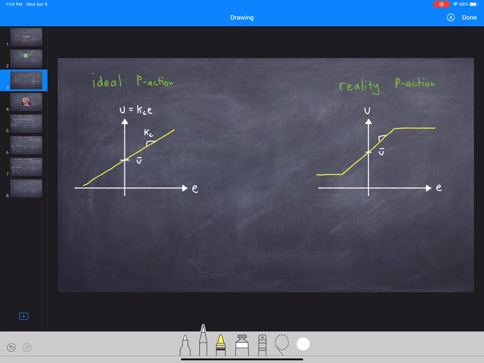And again, the slope of this, and we're assuming Kc is positive here, is Kc. And it turns out that there is a maximum controller output, U max, and a minimum controller output as well. And in practice, this can arise in several different settings. So I'll write this down. The control element has limitations.